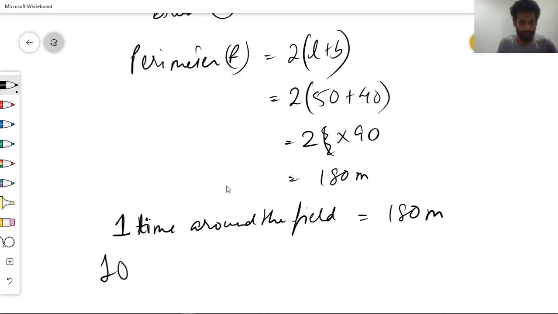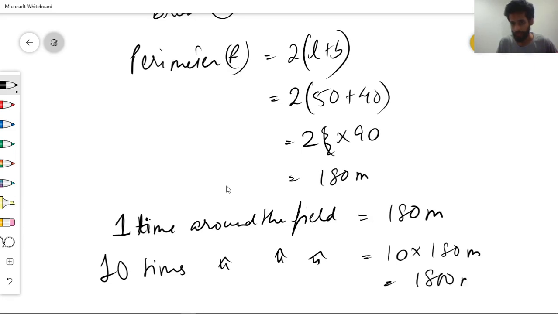Sorry, it is not park, it is field. But then 10 times around the field will be 10 into 180 meter, that is 1800 meter, or we can write this as 1.8 kilometer. Okay, you got this.